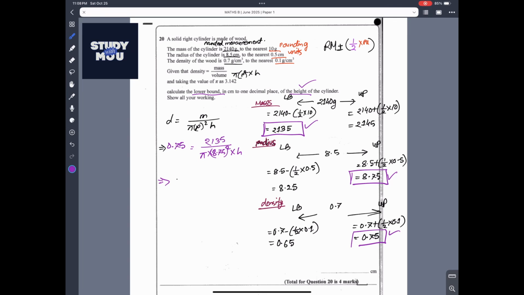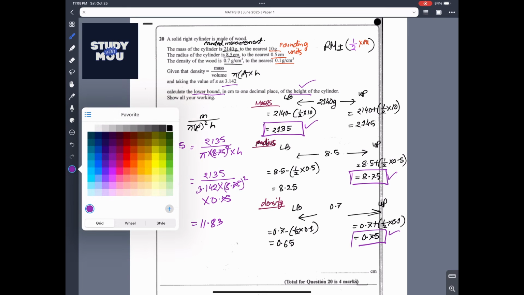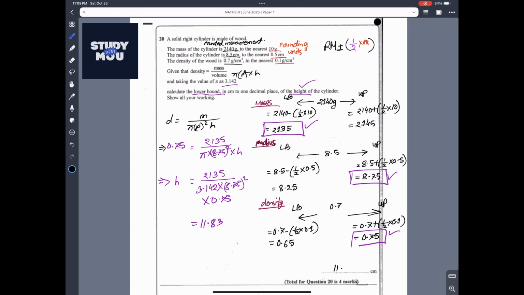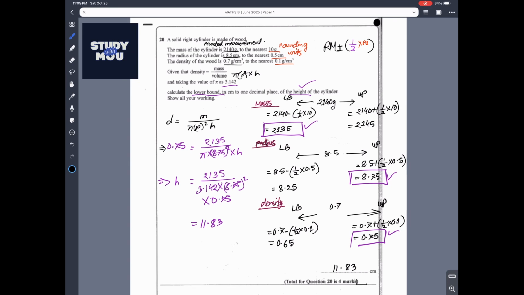Now let's take h on this side: h is equals to 2135 multiplied by 3.142, since they have given it, and then 8.75 square multiply density 0.75. So the answer is 11.83 for h. So now the answer is 11.83 centimeter. So this is our height. We are done with number 20.